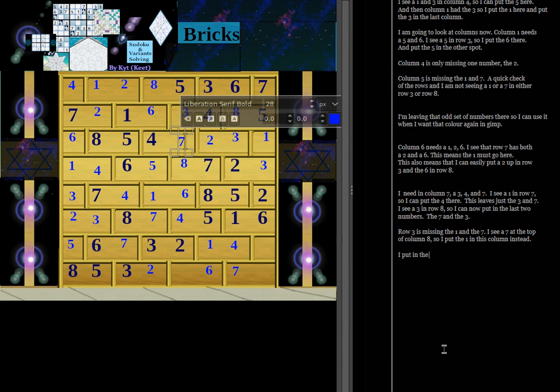I put in the 7 and then look at the last missing number in this column and put it in too, the 1.